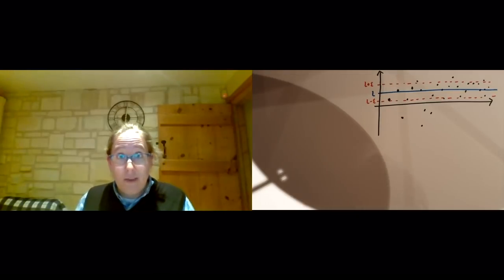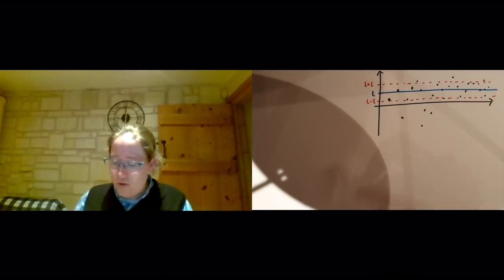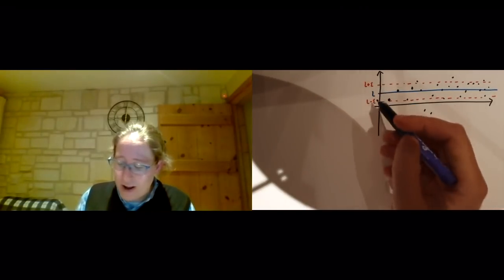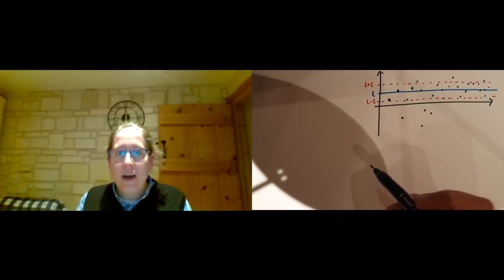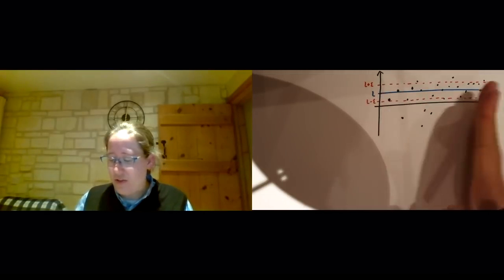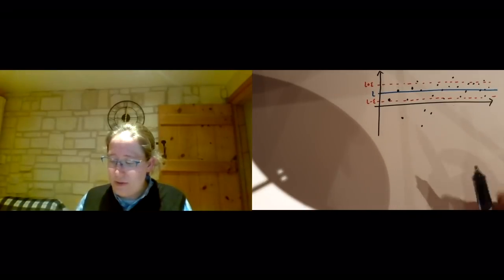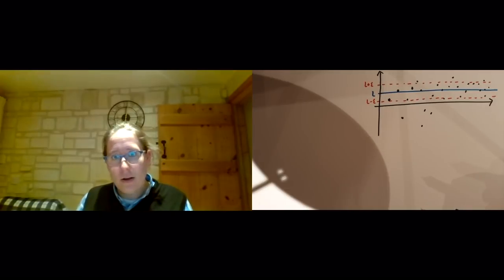And our evil opponent challenging us to epsilon is 0.1 means that we draw these lines at L plus 0.1, L minus 0.1, or L plus epsilon, L minus epsilon, and say, is there a point on the horizontal axis beyond which all of the terms of the sequence lie within epsilon of the limit?